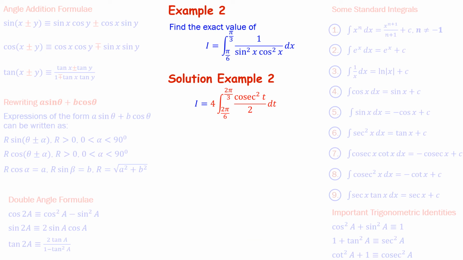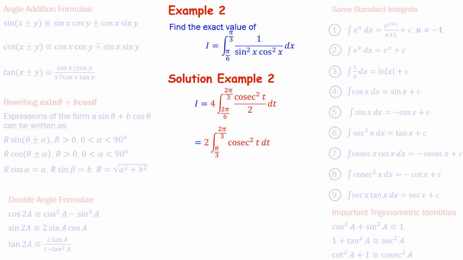Now let's work with this integral. The limits have to be tidied up. 2 pi by 3 remains as it is, but 2 pi by 6 becomes pi by 3. 4 divided by 2 is 2, and this 2 is taken outside the integral sign as shown.